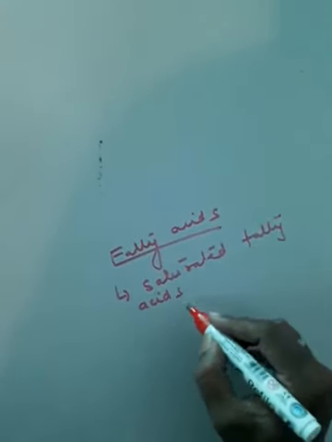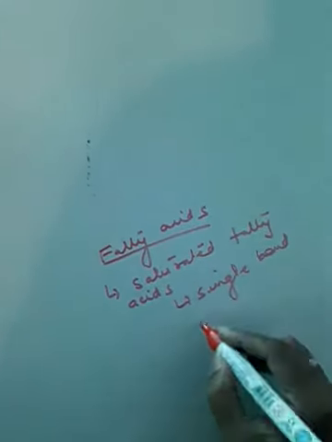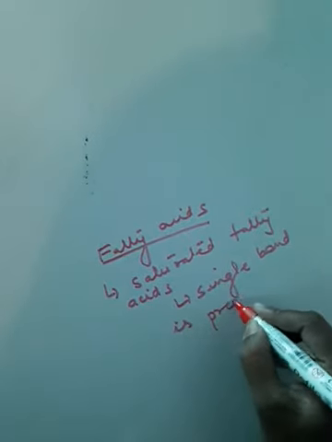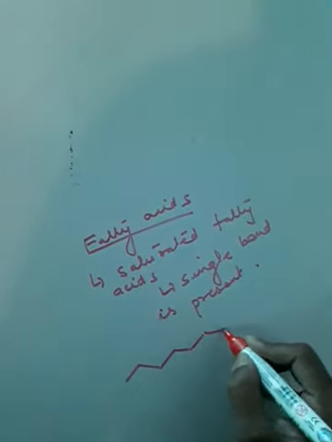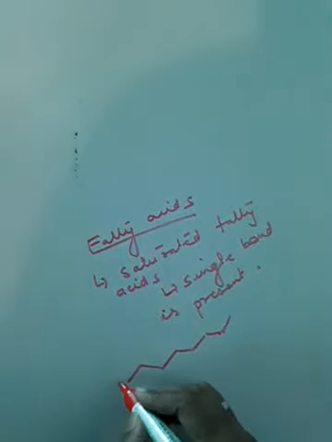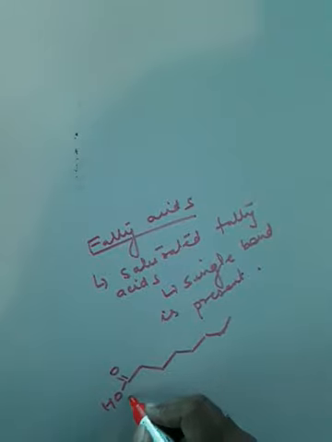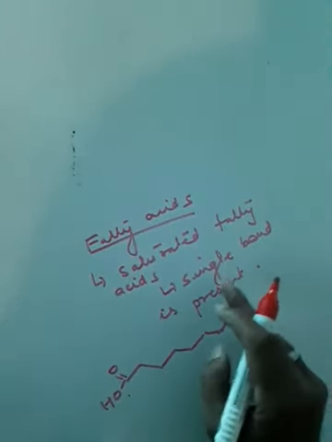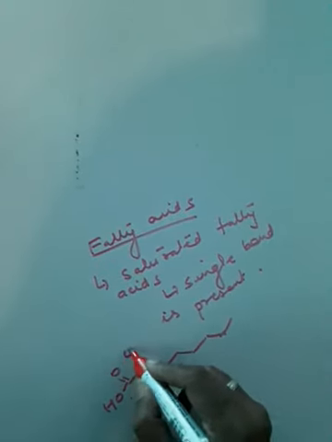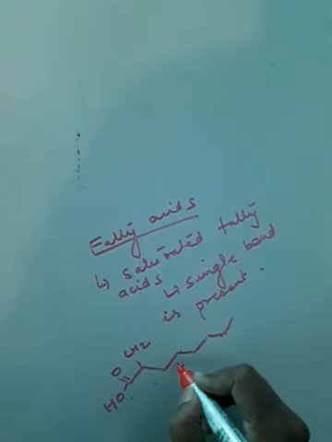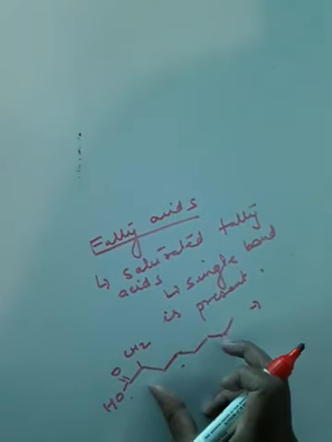Saturated means only single bonds are present in the structure. Suppose this is a chain of saturated fatty acid, the characteristic carboxylic group will be present here, so we attach the carboxylic acid. In saturated fatty acids only single bonds are present, so it is called a saturated chain of carbon and hydrogen.